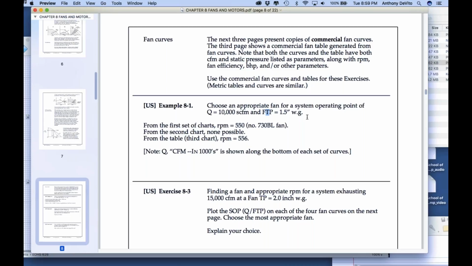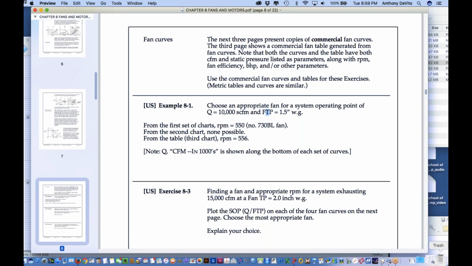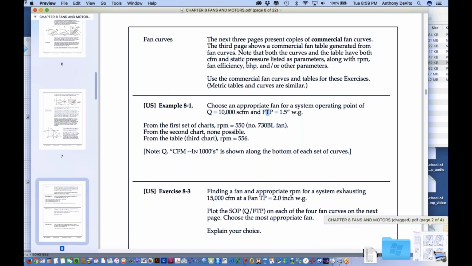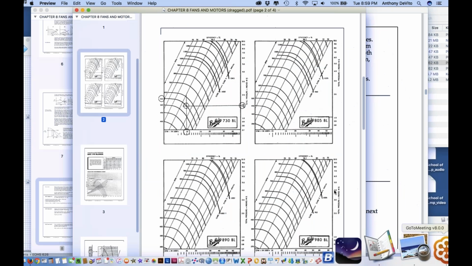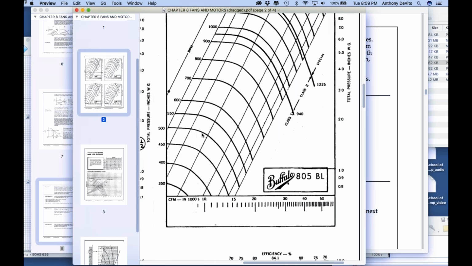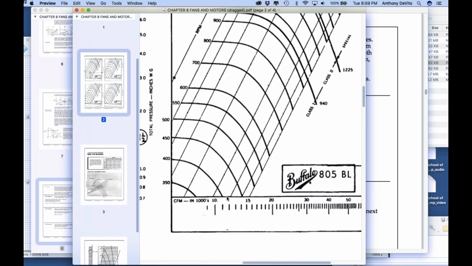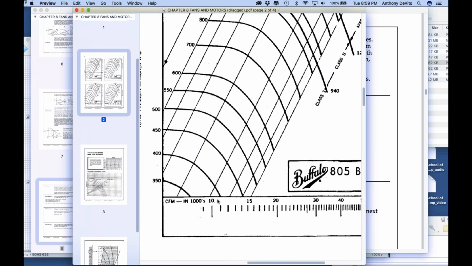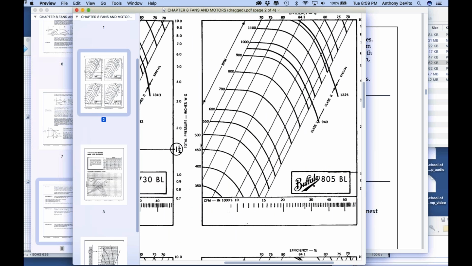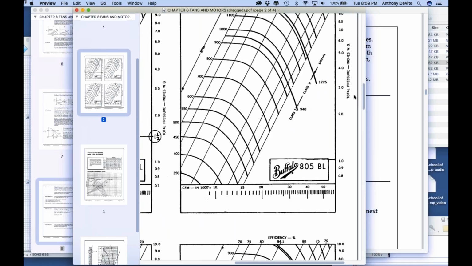So let's look at these charts. I'm going to open one up. Okay, I'm going to start with this one here. The axis on the bottom here is CFM in thousands, and the axis to the right is fan total pressure.